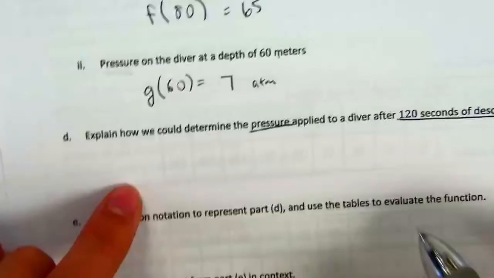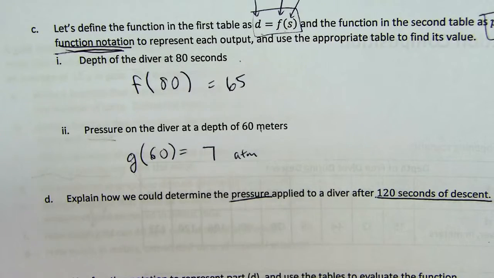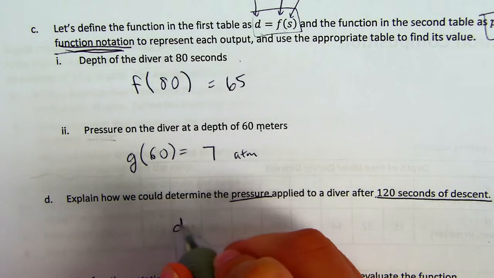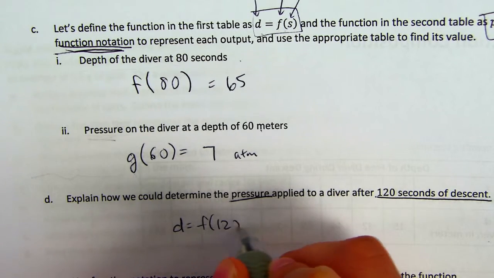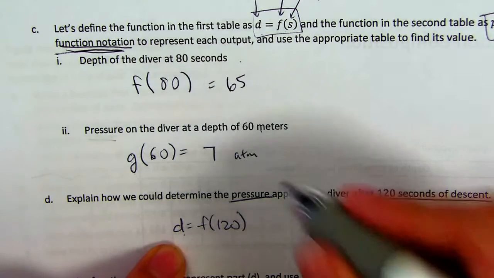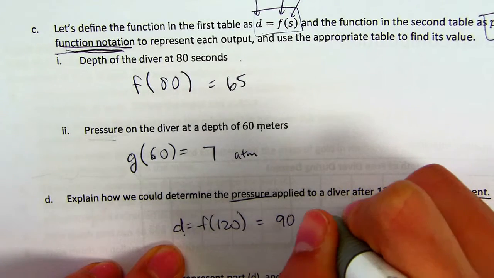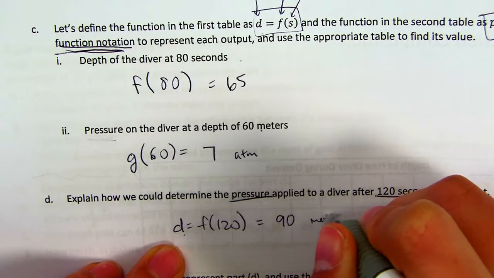First I looked at the first function, or the first chart, and I plugged in that given amount. So I plugged in 120 to figure out my depth, and I realized when I plug in 120 I get 90 meters of depth.